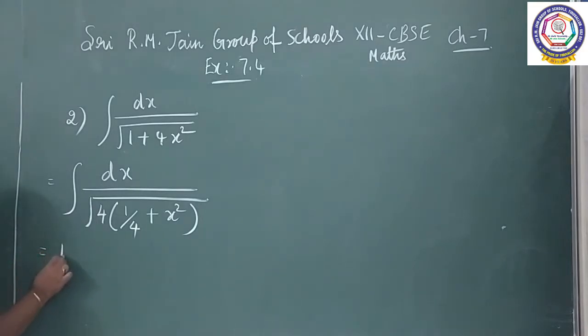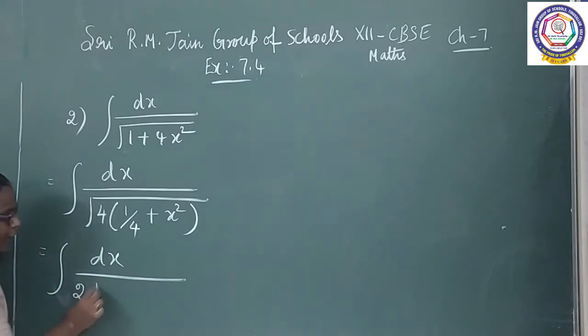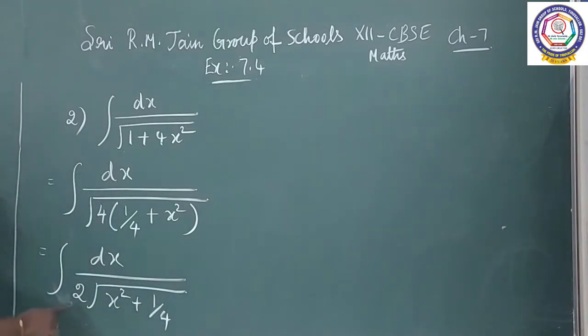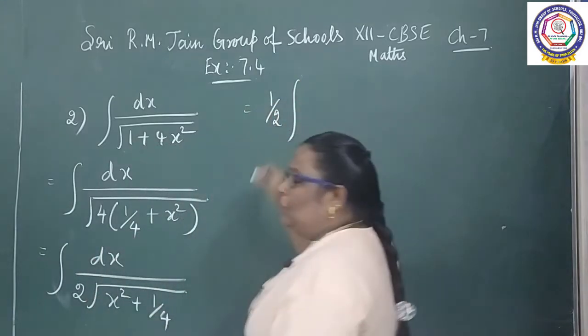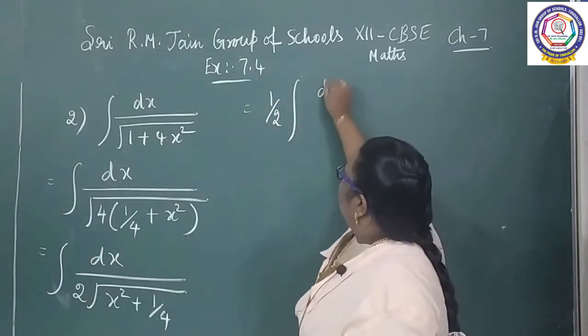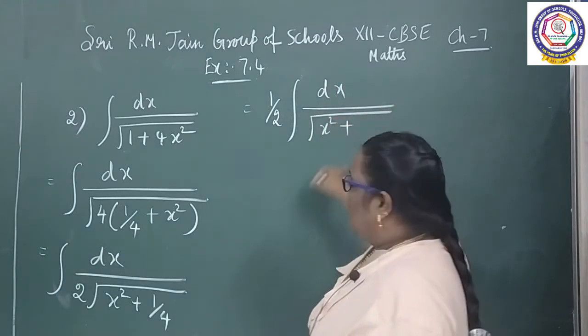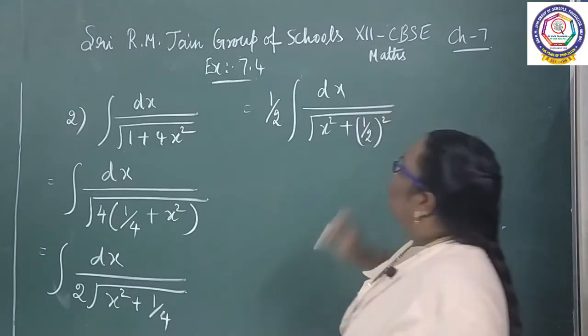Square root of 4 is 2. So it gives 1 by 2 into integral dx by root of x square plus 1 by 4, which I can write as 1 by 2 the whole square.